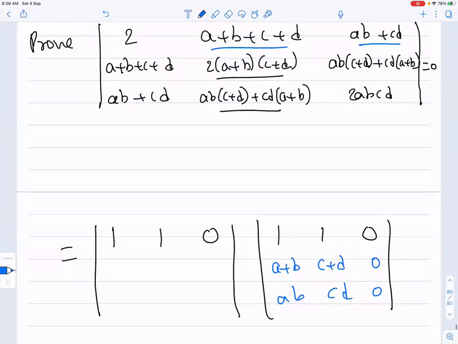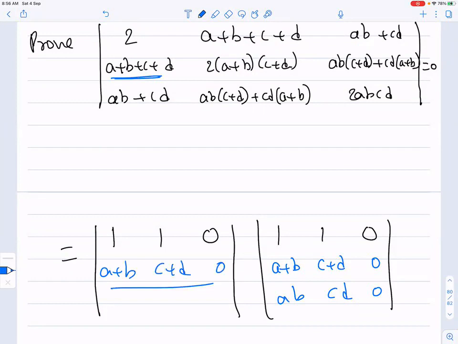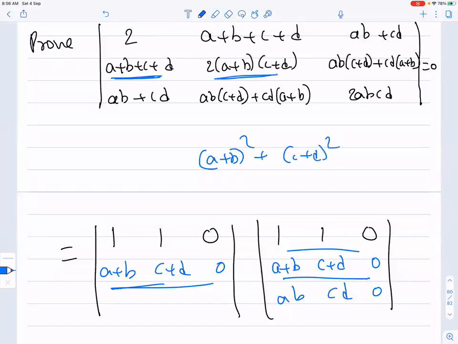Now I will think about this one. How do I split it? A plus b, c plus d, right? So if I write a plus b, c plus d, 0, the first row is fine. When I multiply this, I'm getting (a plus b) whole square plus (c plus d) whole square. But that's not what we have.